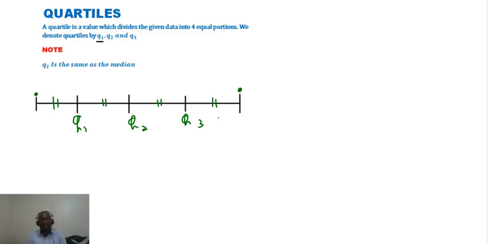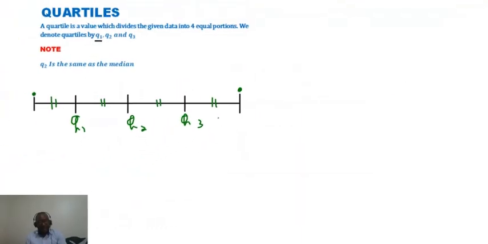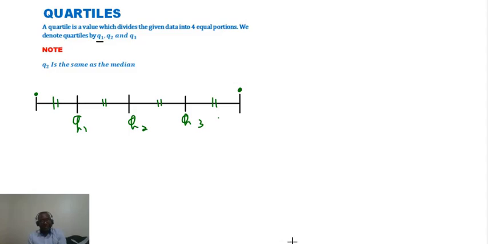So you're going to see this. When you look at this data here, these classes are arranged in ascending order. You can see that we arranged this from the small class to the big class. Okay, so this is a question that we are going to do. So let's see how we can modify the median.